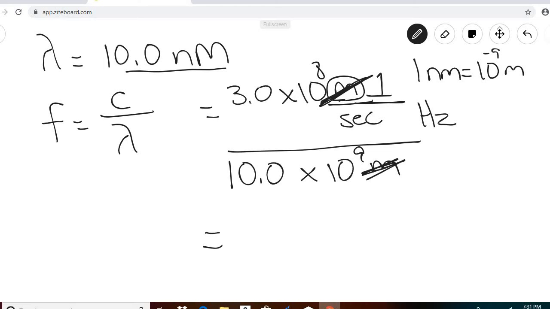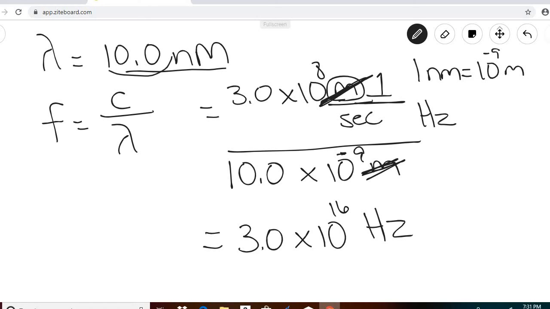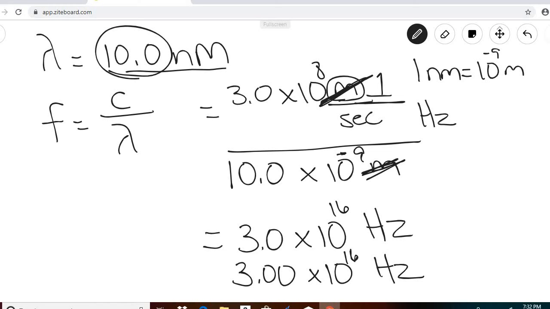And if we do 3.0 times 10 to the 8th divided by 10.0 times 10 to the negative 9, sorry, I forgot to put the negative 9 in there, that will equal 3.0 times 10 to the 16 hertz. And actually, it looks like we need 3 significant figures because of this, so we would say 3.00 times 10 to the 16, 1 per second, or hertz.